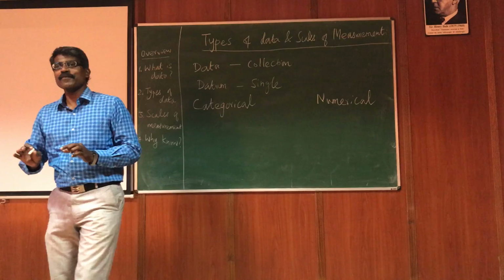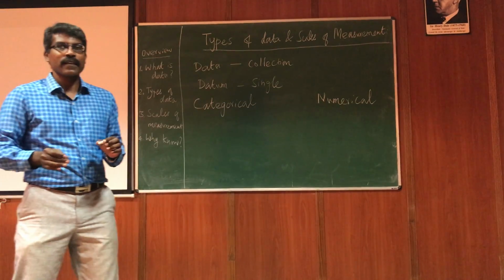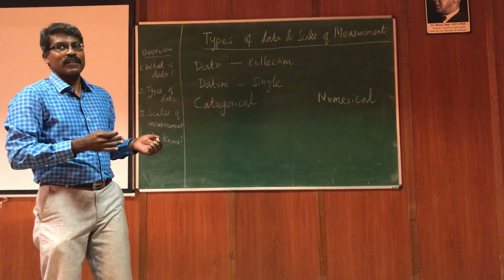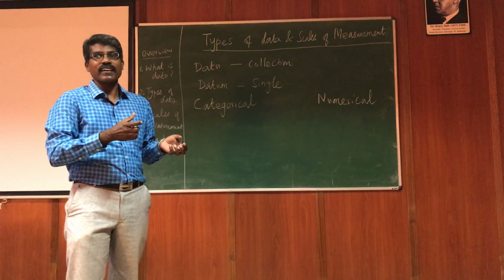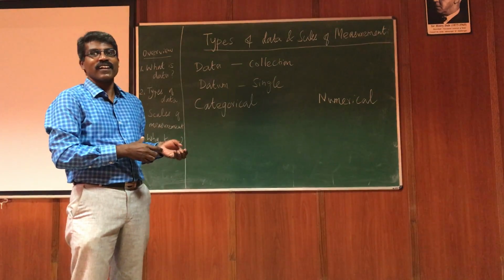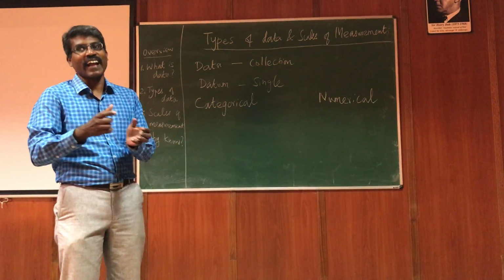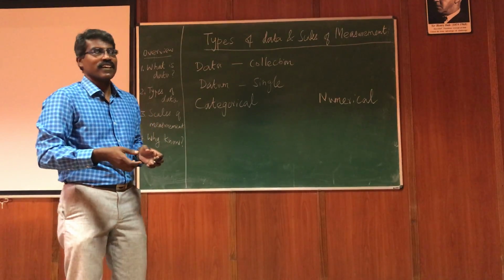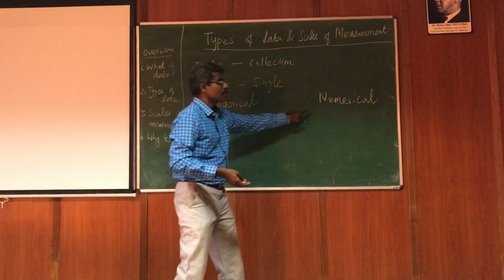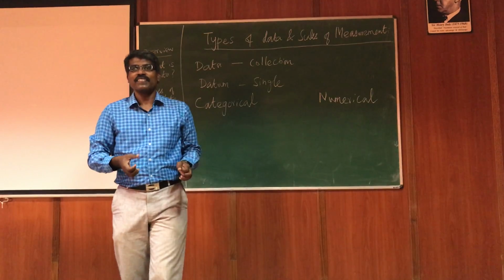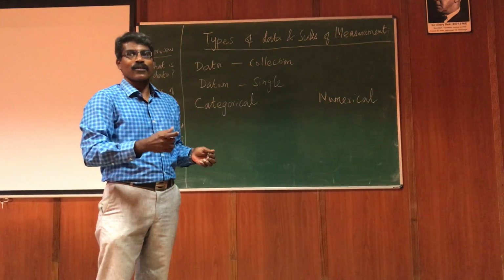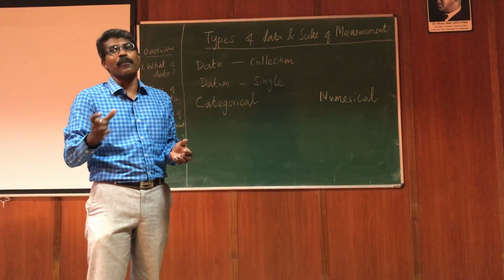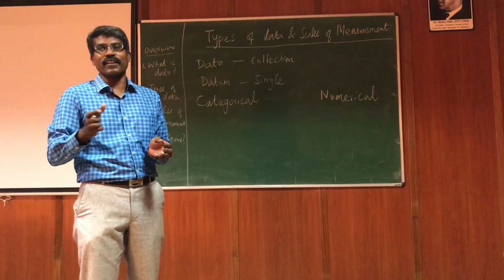Now the name is very self-explanatory. Categorical means the attribute of the variable is measured as categories or is in the form of categories. Again, the term is very self-explanatory. The observations can be given some numbers. That's why they are called numerical data.